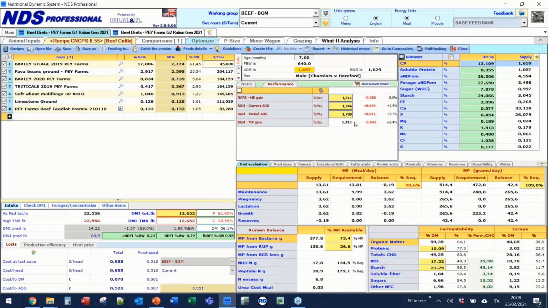In this case, we have 1.611 pounds predicted by the CNCPS, 1.75 predicted by the beef growth model current average daily gain, and 1.709 during the whole period of growth.